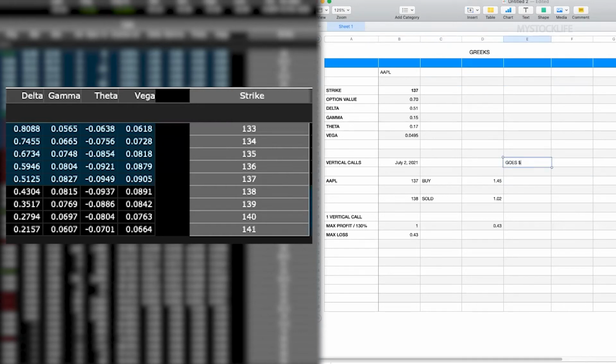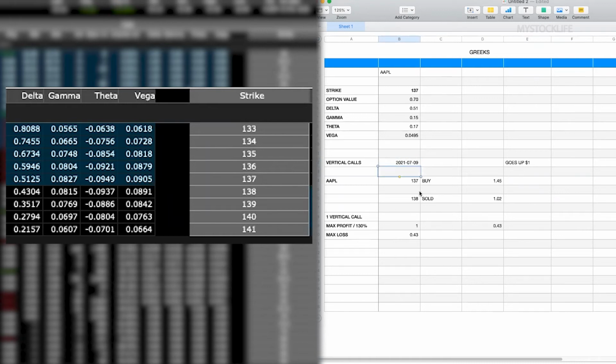Let's calculate the price of our spread, because many of you guys get very confused. Oh, Apple's at 138, why am I not in max profit? If Apple goes up $1 tomorrow, remember this expires July 9th.